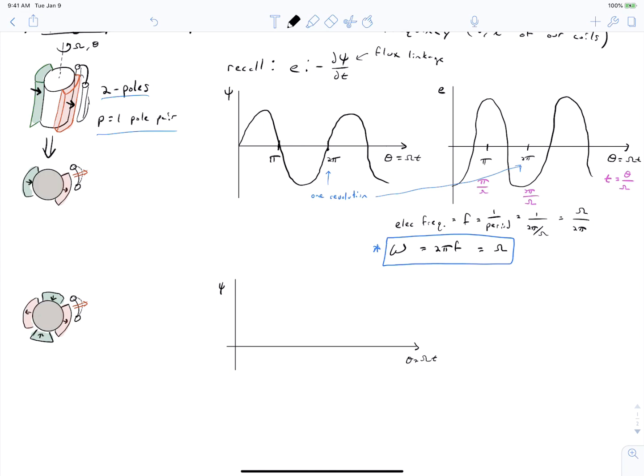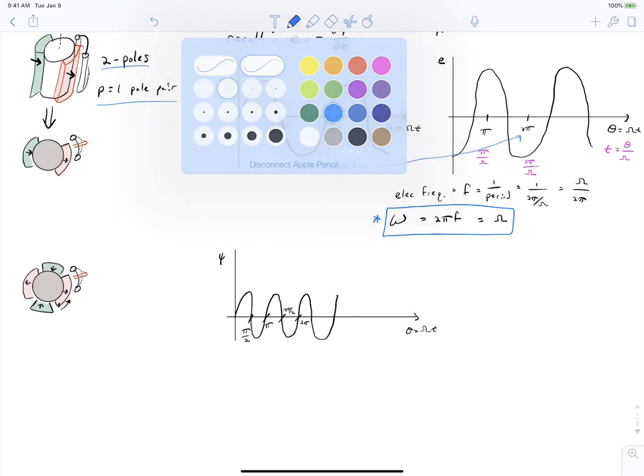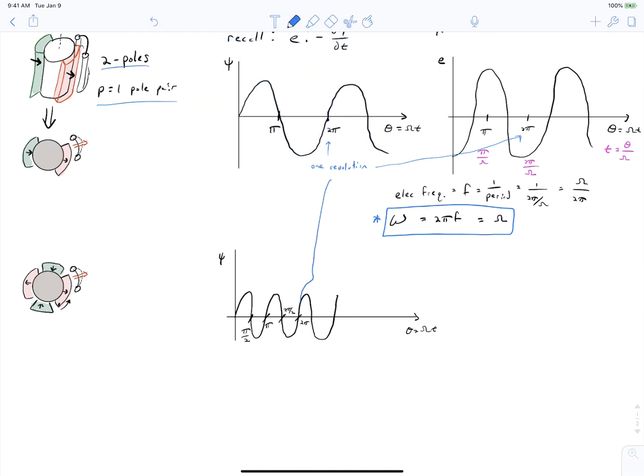Right? So if we stand here and we rotate this rotor 1 full revolution, this coil is going to link a north pole, and then a south pole, and then a north pole, and then a south pole again. And so by the time we get to 1 complete rotor revolution, we've gone through 2 periods of our rotor flux linkage. And the same is going to be true for a back EMF.